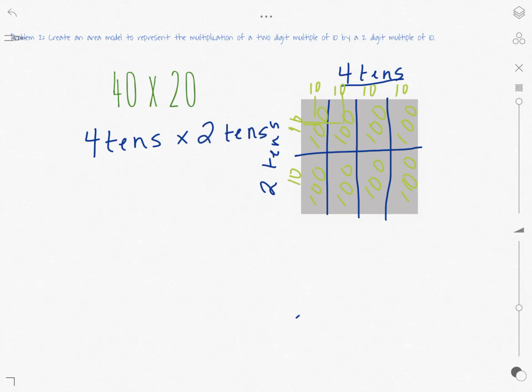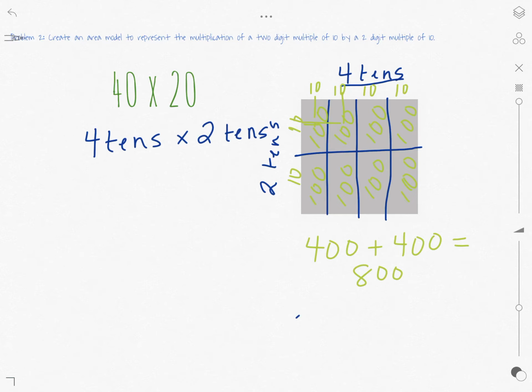So on the top row I have 4 hundreds, and on the bottom row I have 4 hundreds. So I have 400 plus 400 equals 8 hundreds total. So this tells me that 40 times 20 is 800.